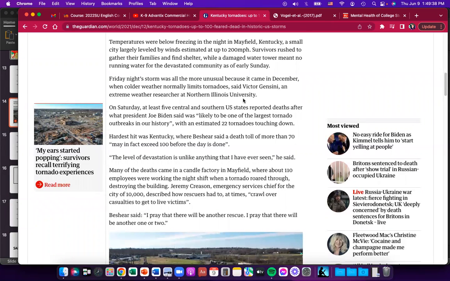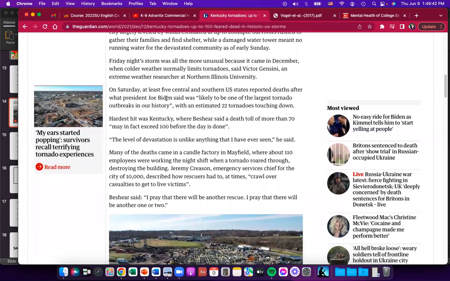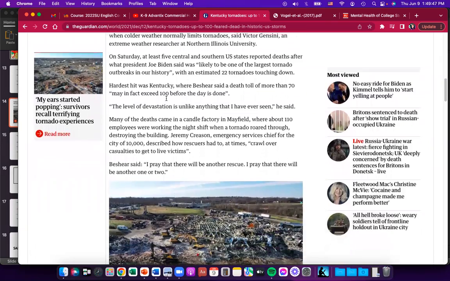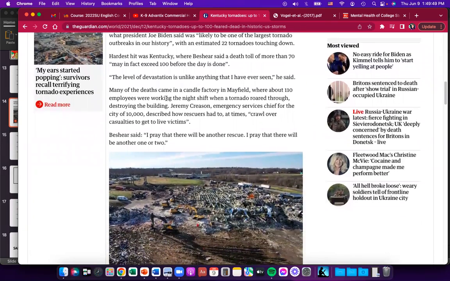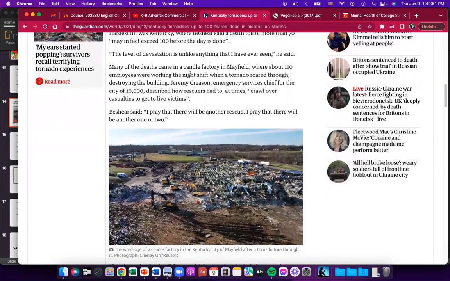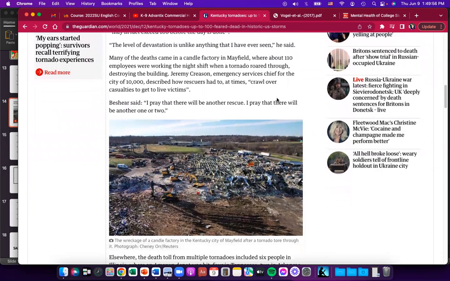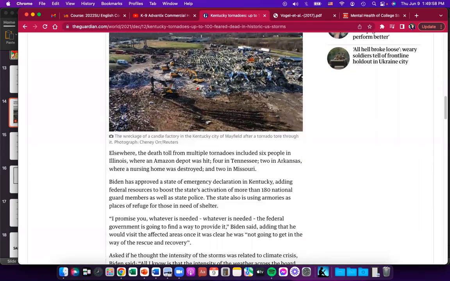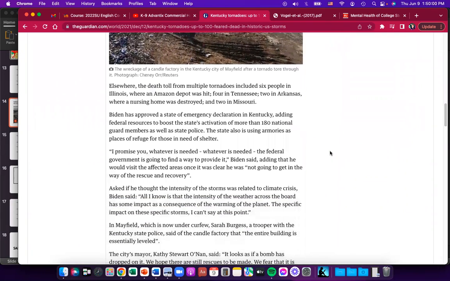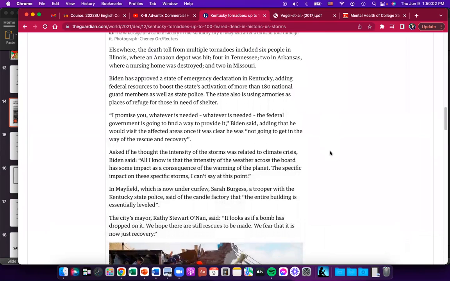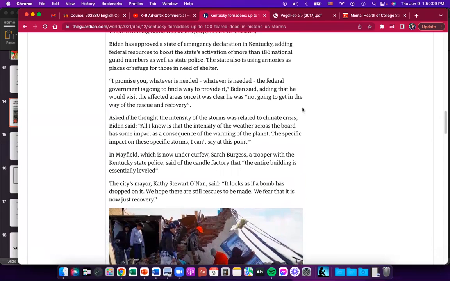We're talking about why tornadoes are happening at this time. We've got President Biden speaking and addressing the nation. We're talking about that candle factory in Mayfield. We have the picture of the carnage. The multiple tornadoes. I'm trying to skim through this with you.